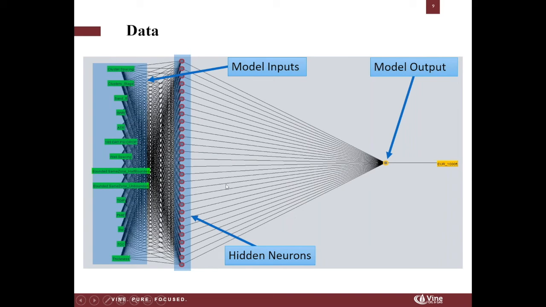So we built two different models. We built an ANN model, and also a support vector machine model to understand the impact of each feature on the production performance, defined as EUR per 1,000 feet.